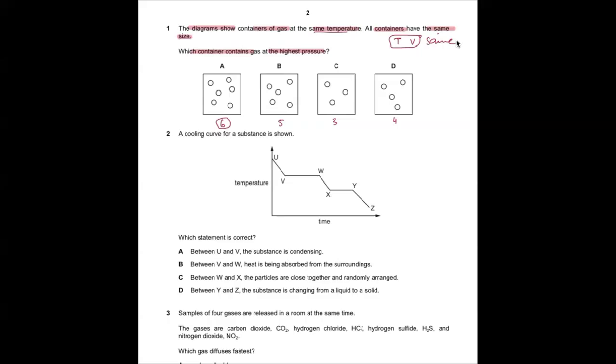In the same manner, they are going to collide with the walls of the container more frequently, right? It means that they are going to exert more pressure. So it means A is the correct answer. So B, C, and D go wrong.